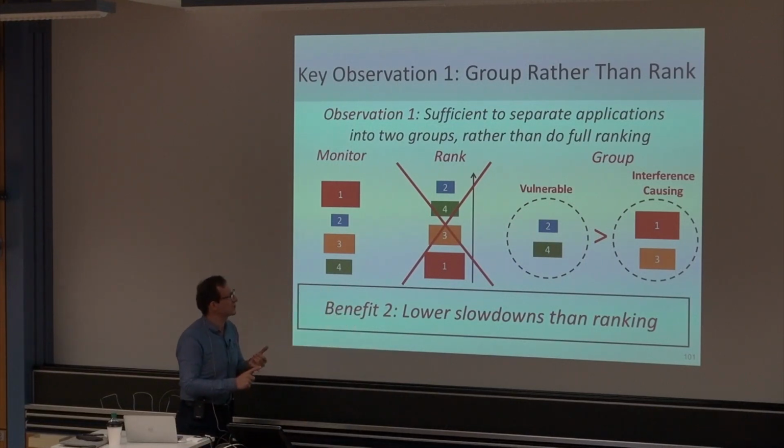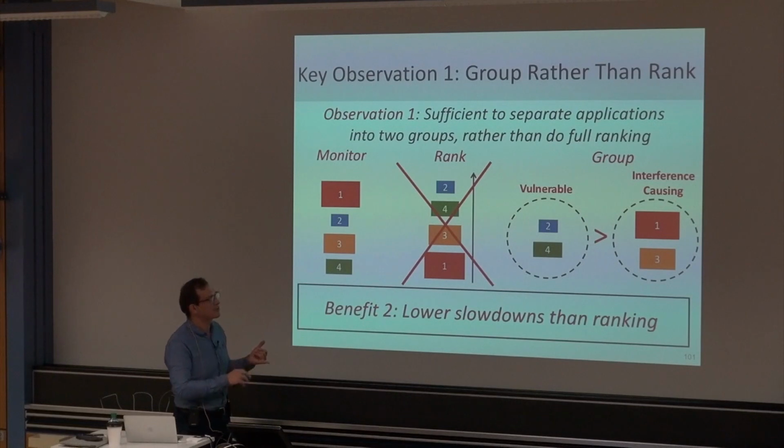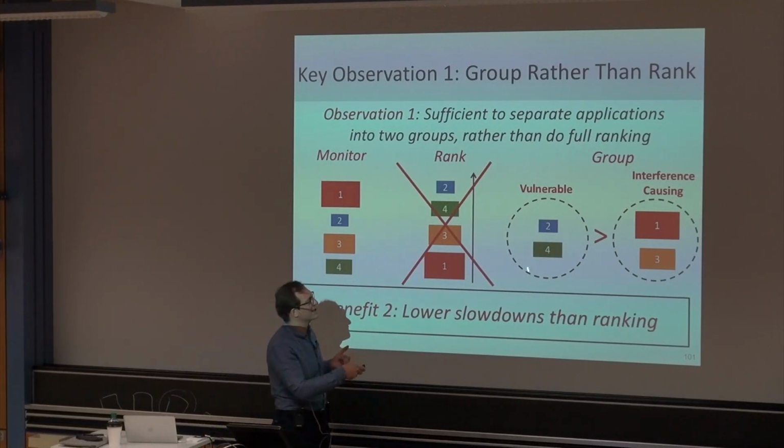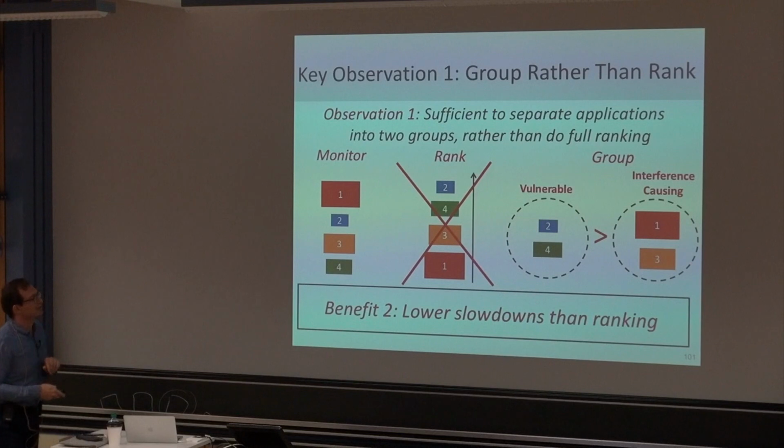So ranking is too rigid. As a result, it leads to higher slowdowns and maybe performance issues, but it's also harder to change very quickly. So you really want a mechanism that's not too rigid, coarser grained, and also easier to change. Easier to change I didn't give you, but if you become coarser grained, you're less rigid in general. So that's the idea over here.